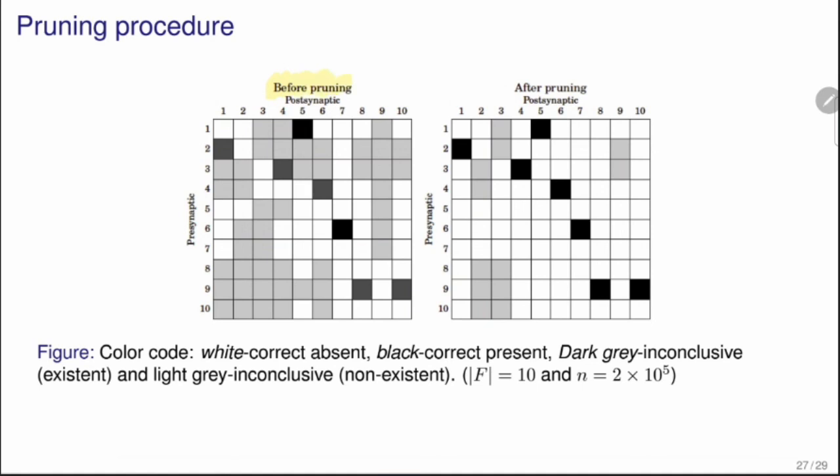The second matrix corresponds to the interaction graph obtained by applying the iterative pruning procedure. So here we see after pruning. In both cases, we have used the same parameters psi and epsilon. And as you can see, the iterative pruning procedure reduces significantly the number of inconclusive connections.